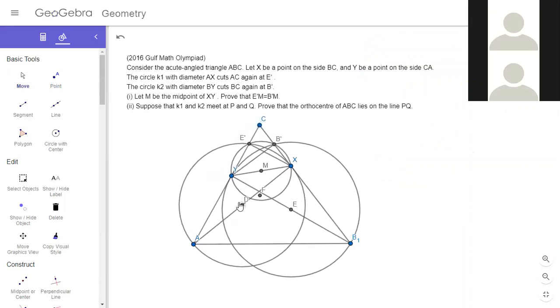But basically, I think Amal, you're saying it's obvious. So we have to show the power of the orthocenter with respect to those two circles is the same. Here it's a well-known property that the power of the orthocenter with any cevian as diameter is SA times SD. Okay.